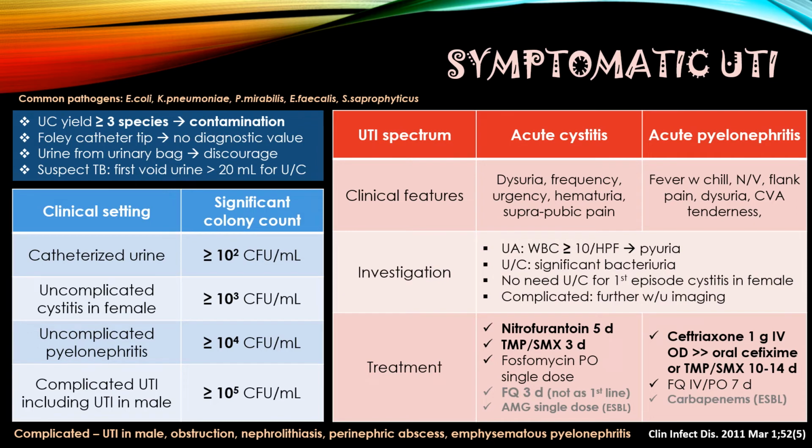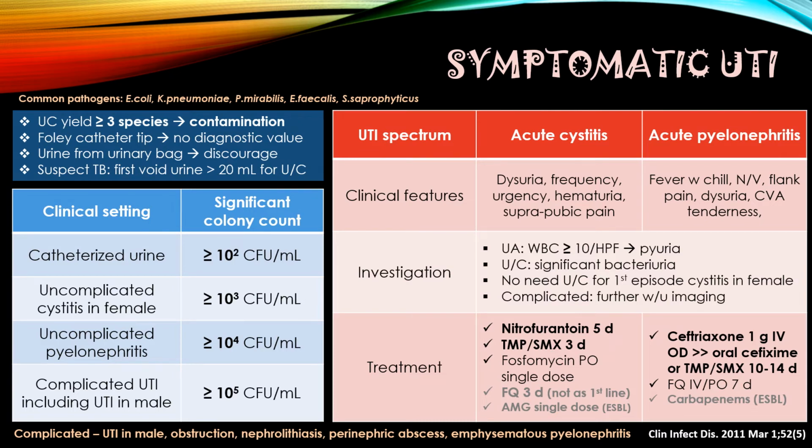But for acute pyelonephritis, nitrofurantoin and oral fosfomycin may not reach adequate tissue concentration in the renal parenchyma. So we recommend ceftriaxone and maybe shifting to oral cefixime if the patient can eat, or Bactrim, for 10 to 14 days depending on susceptibility.